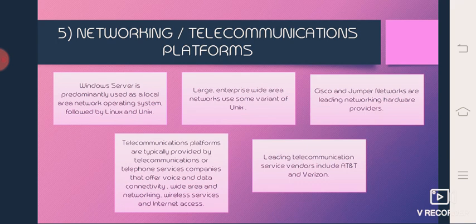Telecommunications platforms are typically provided by telecommunication or telephone service companies that offer voice and data connectivity, wide area networking, wired service, and internet access. Leading telecommunication service vendors include AT&T and Verizon.